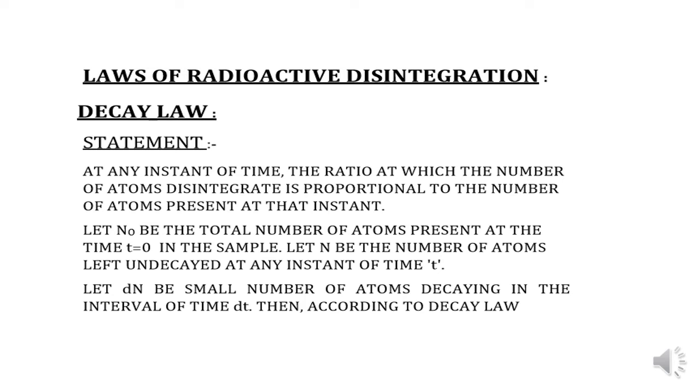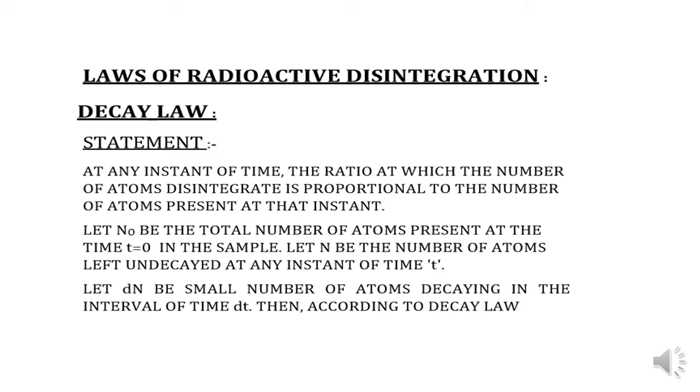One of the laws of much importance is the decay law, which can be stated as: at any instant of time the rate at which the number of atoms disintegrate is proportional to the number of atoms present at that instant.